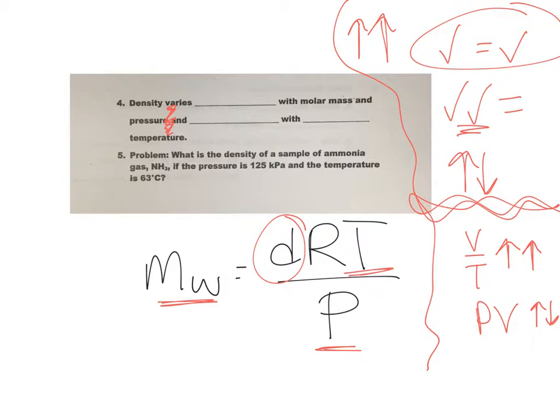So using that idea, now I want you to answer the two questions. Density varies blank with molar mass and pressure, and blank with the second blank, which is Kelvin. Go ahead and think about which one's direct and which one's indirect.